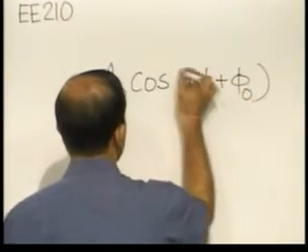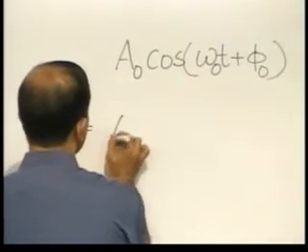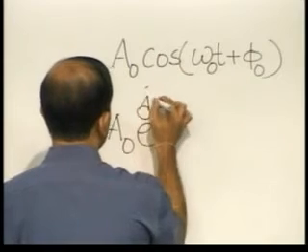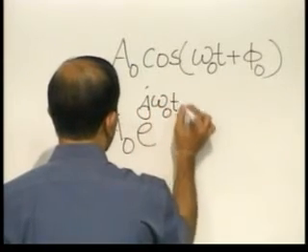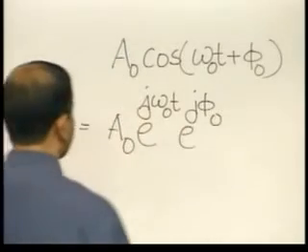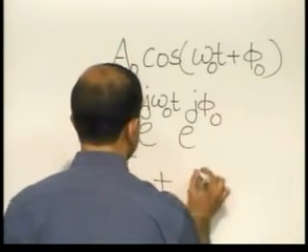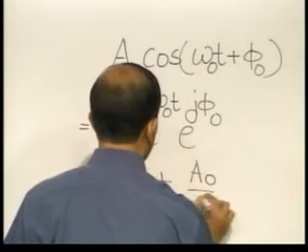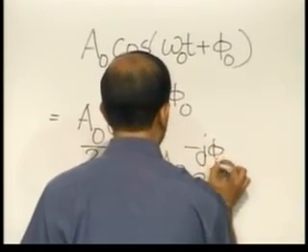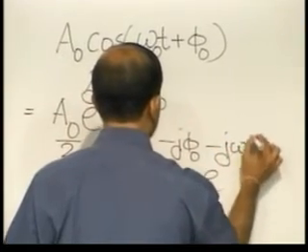Because if I can obtain A0 cos(omega0 t + phi), which is nothing but A0/2 e^(j omega0 t) e^(j phi0) plus A0/2 e^(-j phi0) e^(-j omega0 t).